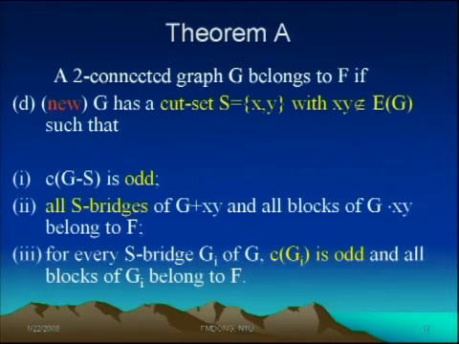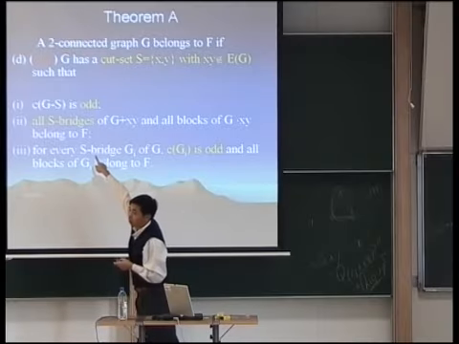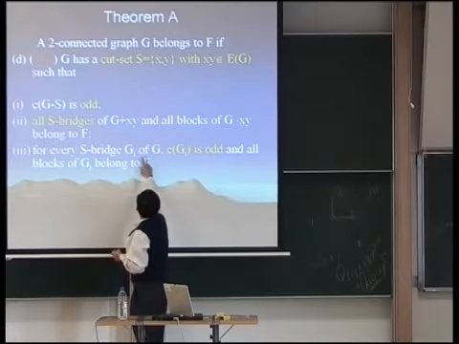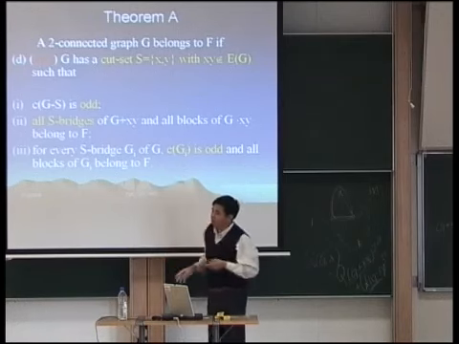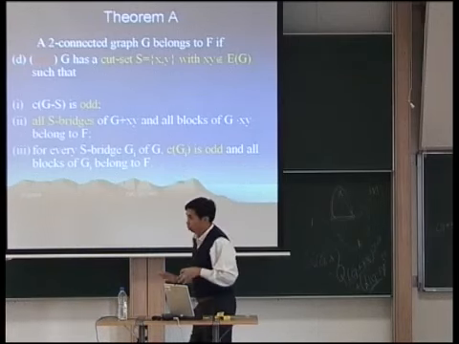This example he gave had a disconnected S-bridge. This is connected, but may not be 2-connected. So I'm asking about c(G_i) being odd. Is c(G_i) not 1? The third condition, this one. If c(G_i) is not 1, I don't know anything, it may not be in F.